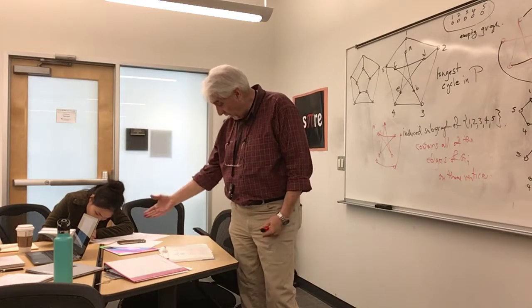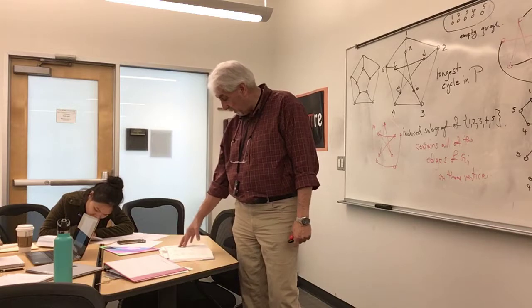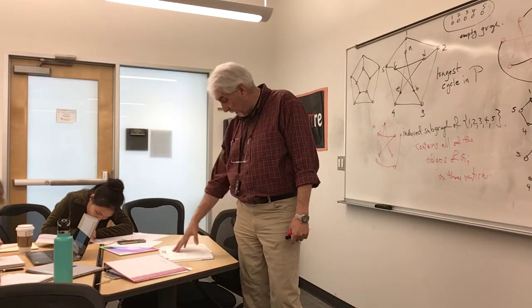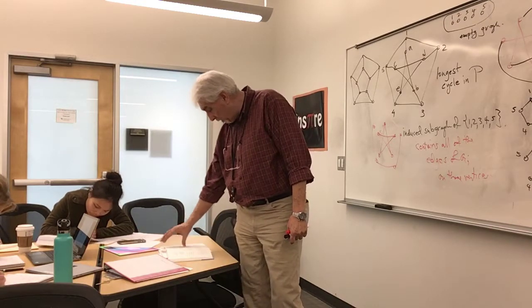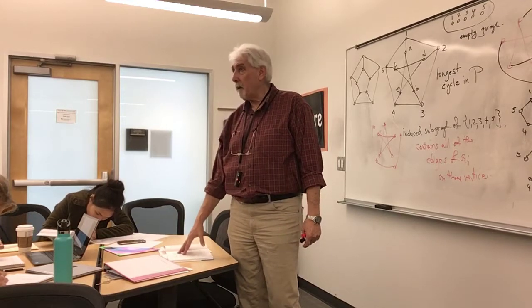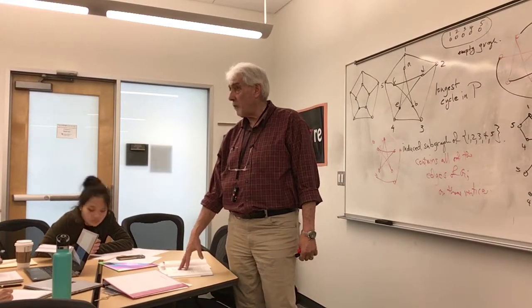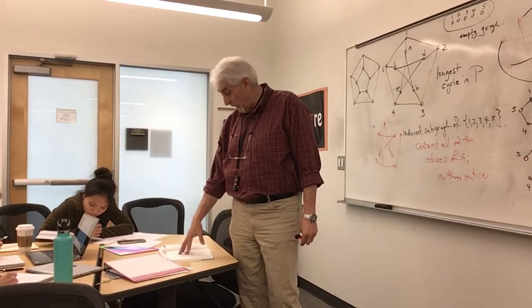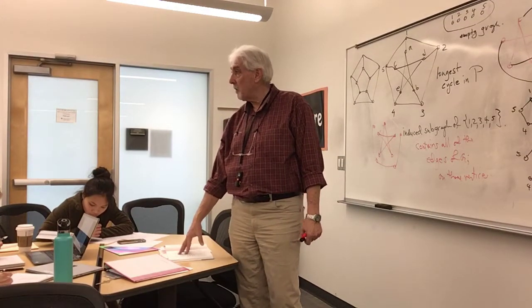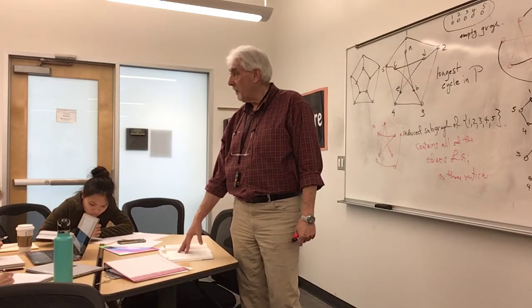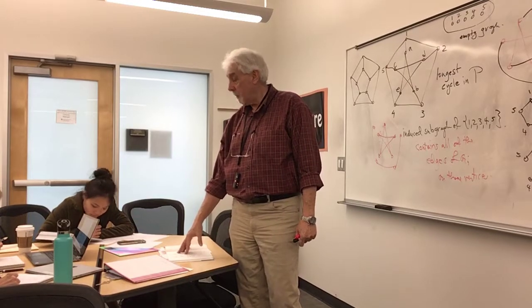Okay, and the next thing you're going to be looking at as we move on in chapter 2, notice B has a very nice structure. B is broken up into 2 sets of vertices that are all non-adjacent.